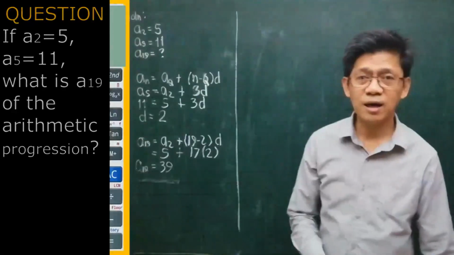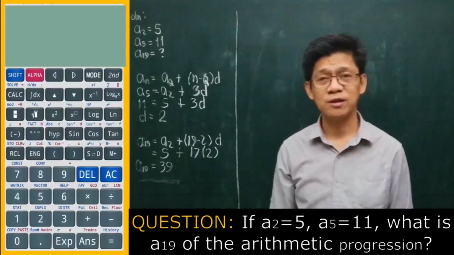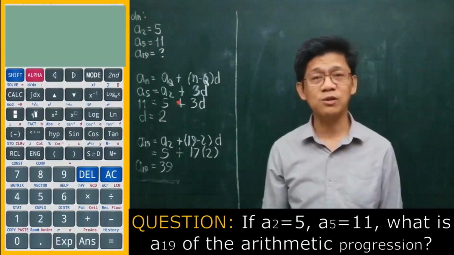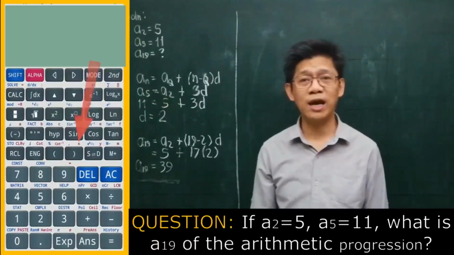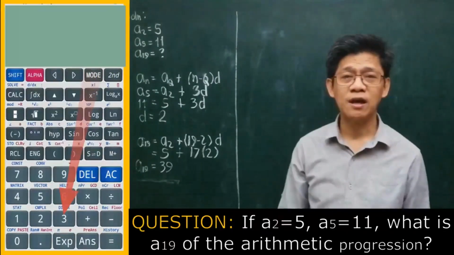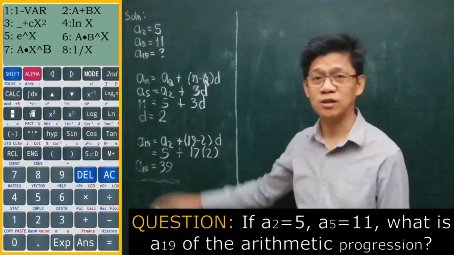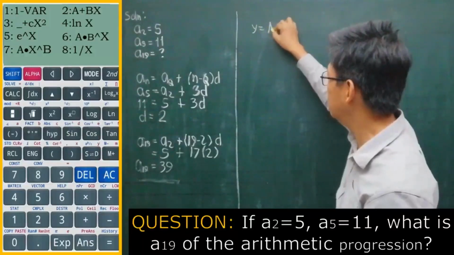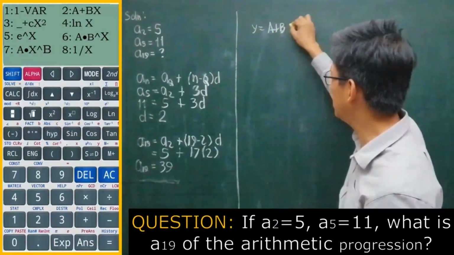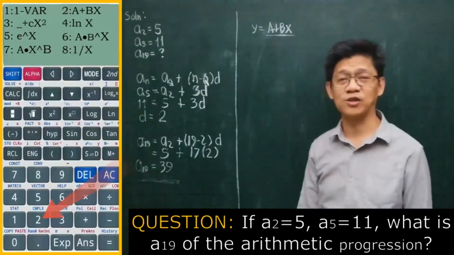Another solution is using the regression function of your calculator. Just press in your calculator mode stat. Your calculator will ask you to choose an equation. So, for arithmetic progression, ang gagamitin dyan is yung y is a plus bx, ito yung equation of a linear function.